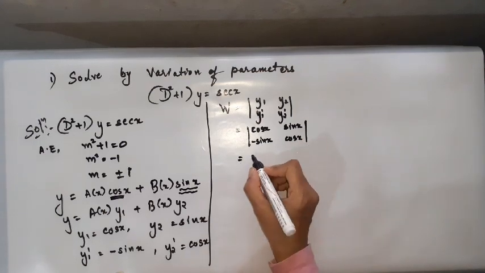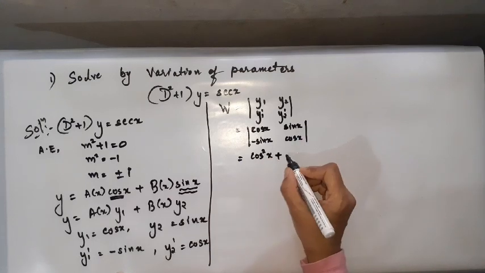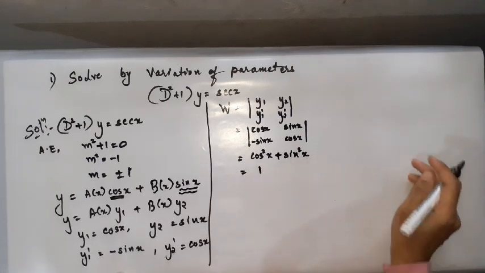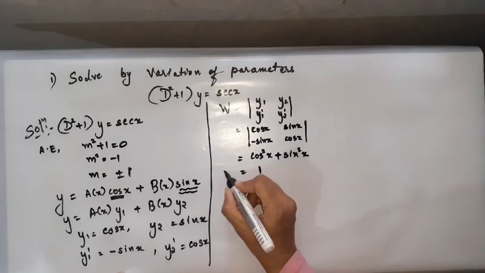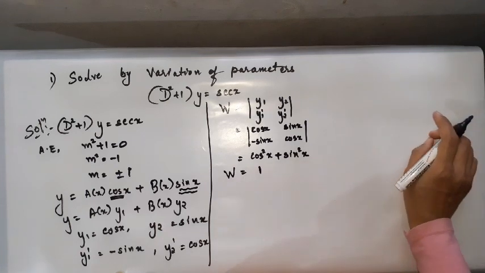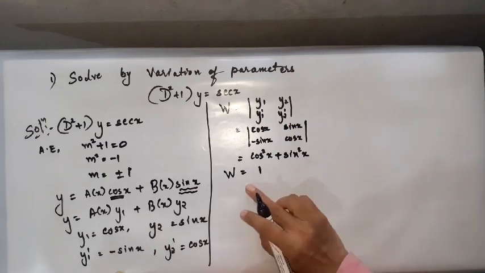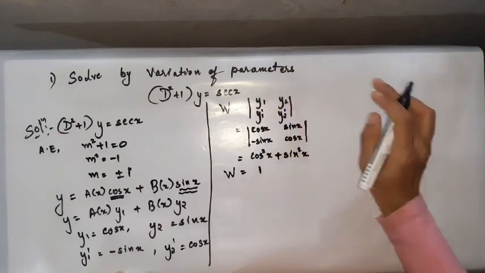When you solve it, it will be cos square x minus of minus sin square x, and that is equal to 1. So, your W value is 1. This should be your next step, that W should be evaluated, and we have evaluated it to be 1 using the given formula.